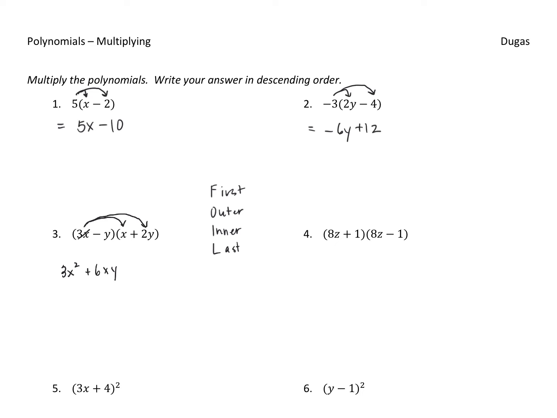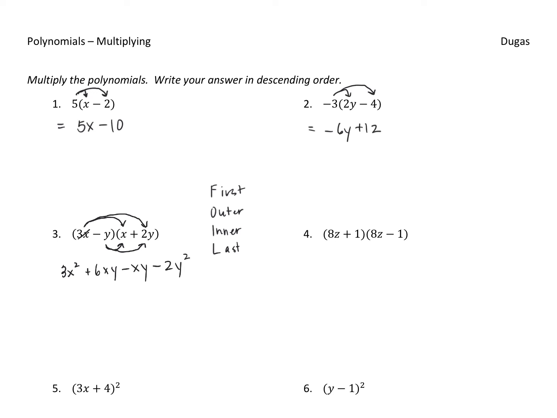I have now distributed that 3x, so I'm crossing it off, and now I'm going to distribute the negative y. So negative y times x is negative xy, and negative y times 2y is a negative 2y squared. Remember that y times y is y squared. You're adding the exponents there.